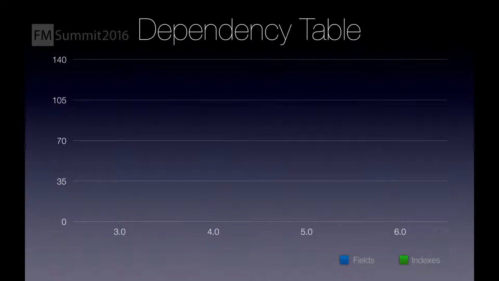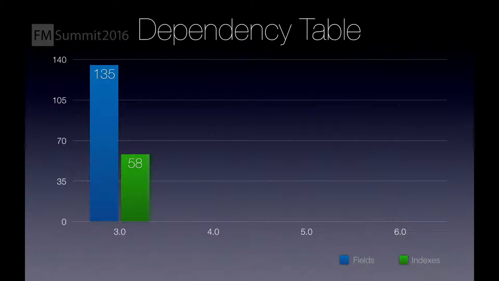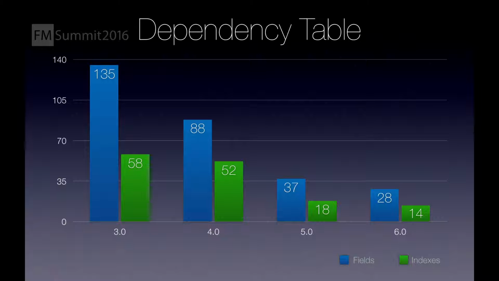So the one area of major improvement that we've made over time in the releases, if we look at the dependency table: at one point when we first started, it had 135 fields and 58 indexes. As you can see, we dropped the number of fields and the number of indexes, and what you'll see later is that by doing that, we get more performance, because 80% of the imports are into the dependency table.